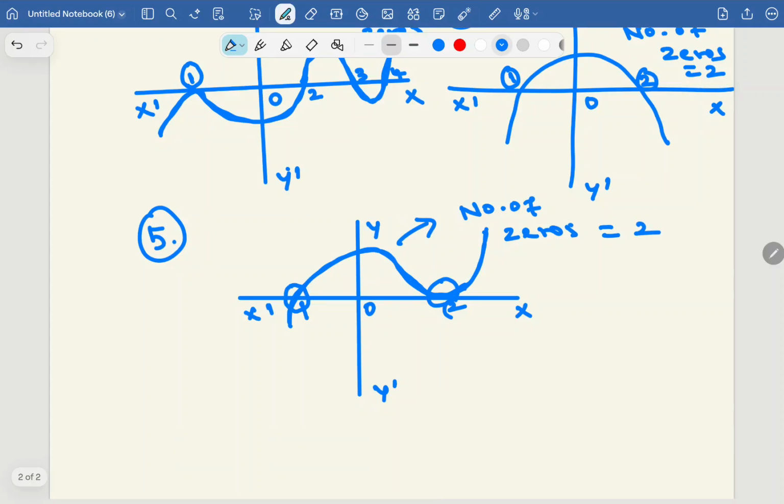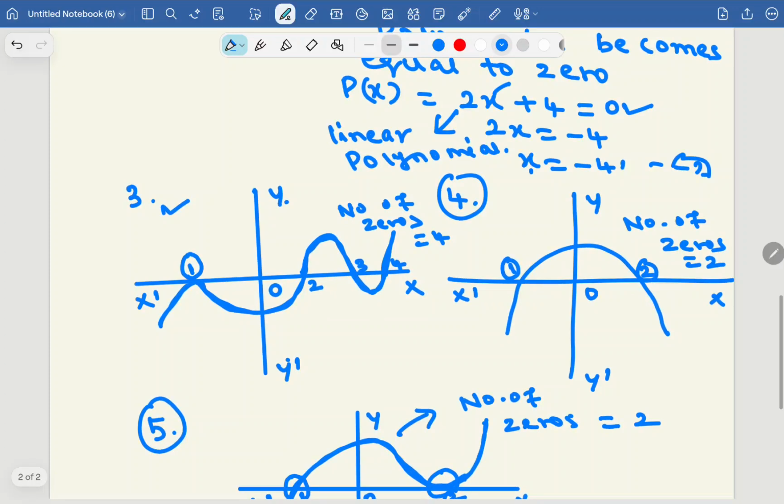In this introduction part, we have seen the geometrical meaning of zeros of polynomial, the definition of zeros of polynomial, and also types of polynomial, and the most important one, the degree of the polynomial. Initially we discussed types of polynomial on the basis of terms: monomial, binomial, trinomial.